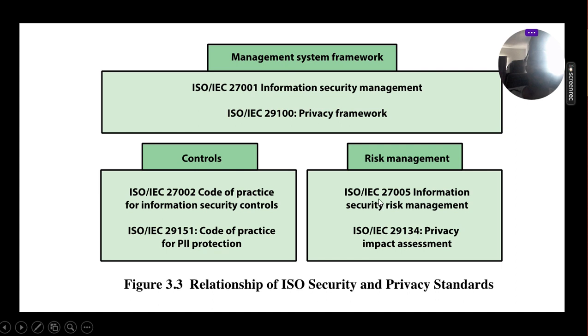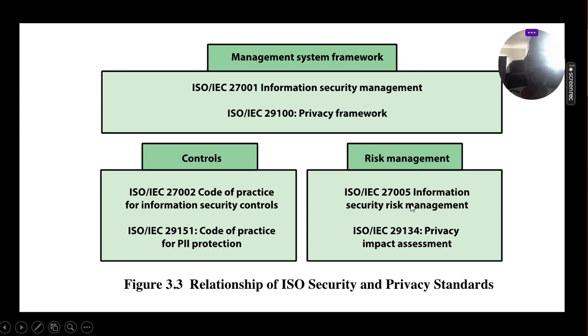So these 27 and 29 series are for risk assessment, and these 27 and 29 series are for control, security control, and both of them put together give what we call the management system framework. This management system framework comprises the 27 and 29. The 27001 is information security management, and the ISO/IEC 29100 is privacy framework.